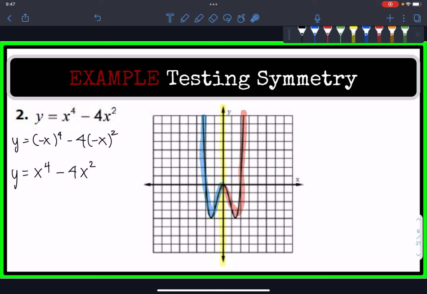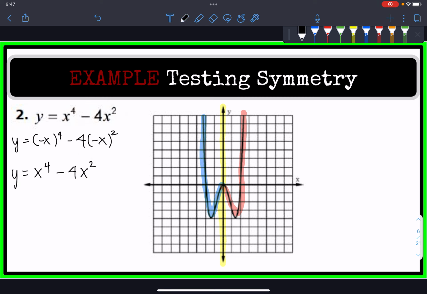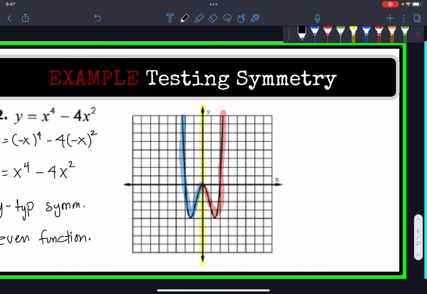And just like the previous example, we end up with an equivalent equation to what we start off with. Thus, again, confirming that this graph has a y-type symmetry, meaning that this is an even function.